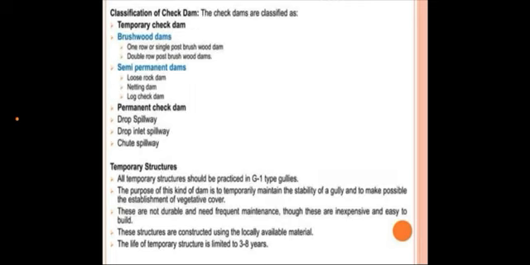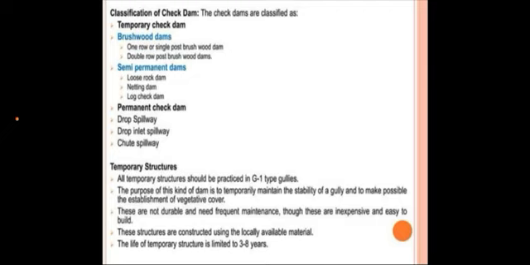Classification of check dams: temporary check dams include brushwood dams, single row and double row methods; semi-permanent dams include rock dams and long check dams; permanent check dams include drop spillway, drop inlet spillway, and chute spillway.